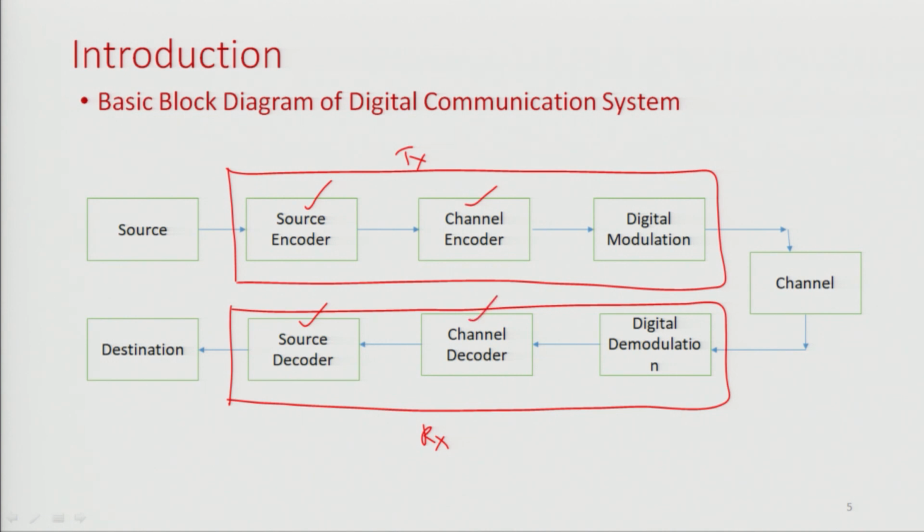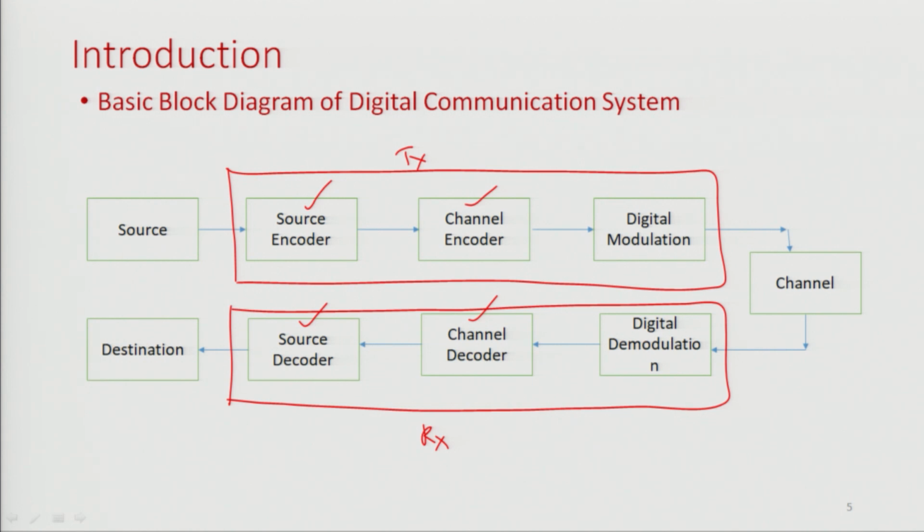The source encoder and source decoder take the information from the source, which may be analog or discrete, and convert it into a binary signal which is unique, so that it can be decoded uniquely at the source decoder.